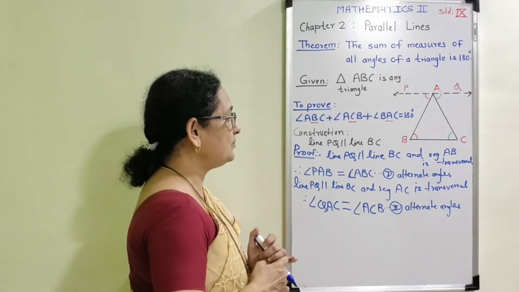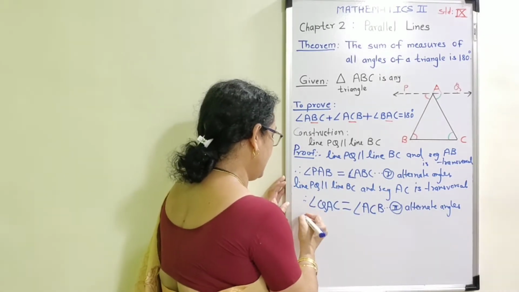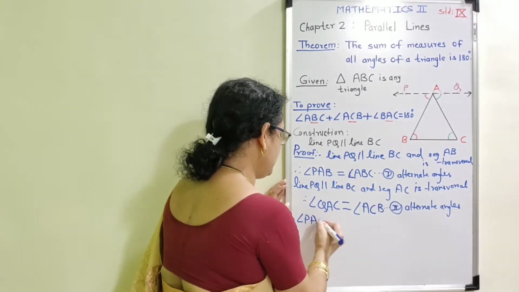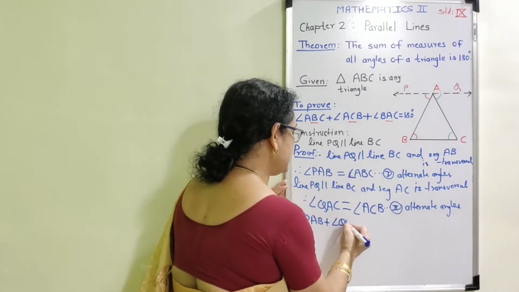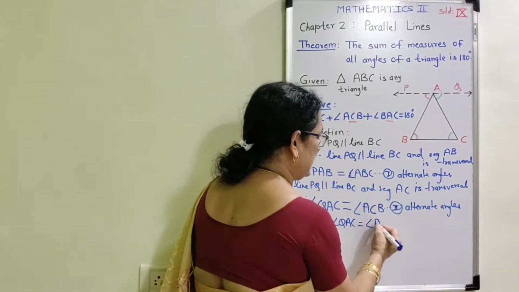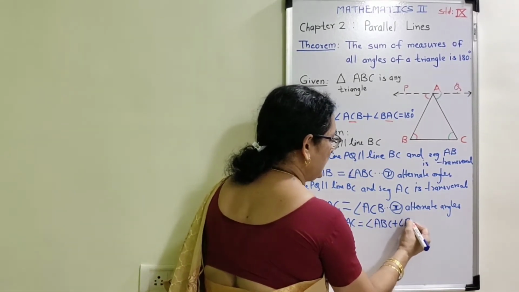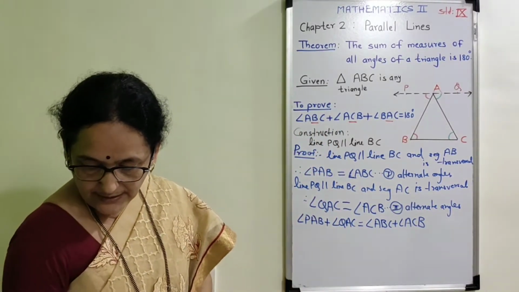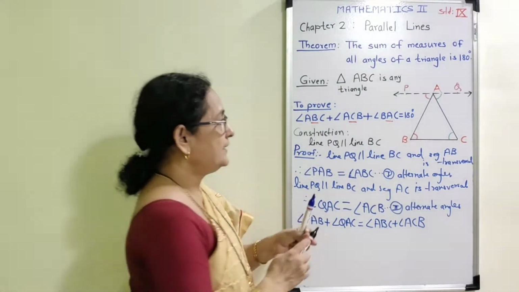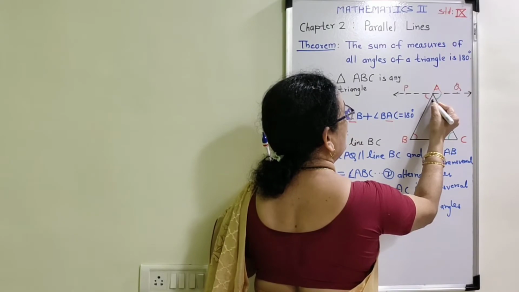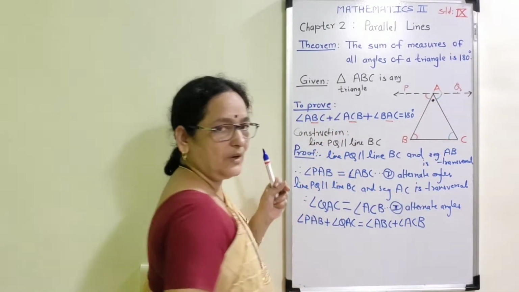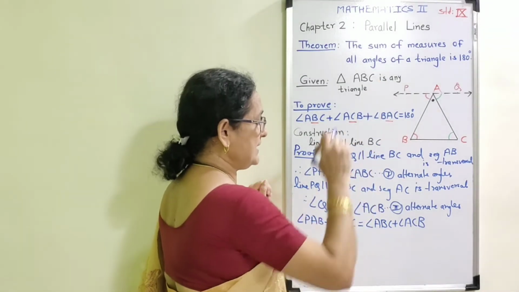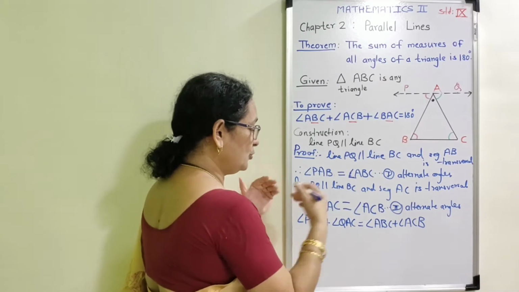Now take the addition of both the statements, that is, adding 1 and 2: angle PAB plus angle QAC is equal to angle ABC plus angle ACB. Now here this middle angle is remaining. I am going to add this angle BAC in both the statements. Observe the figure on the blackboard. I am going to add this angle BAC on both the sides.